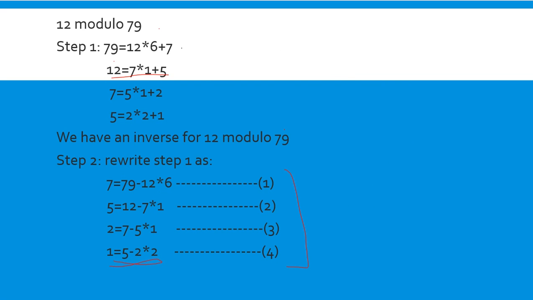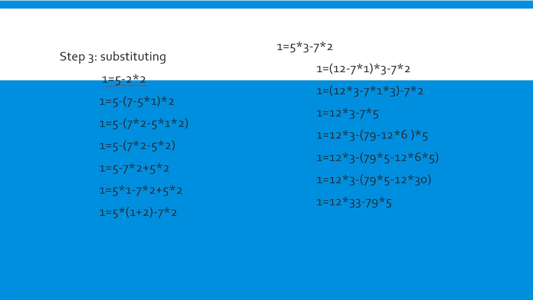Next, you are writing 2 is equal to 7 minus 5 into 1, or you are just substituting the 2 over here with the previous equation. So you're just substituting 2 as 7 minus 5 into 1.